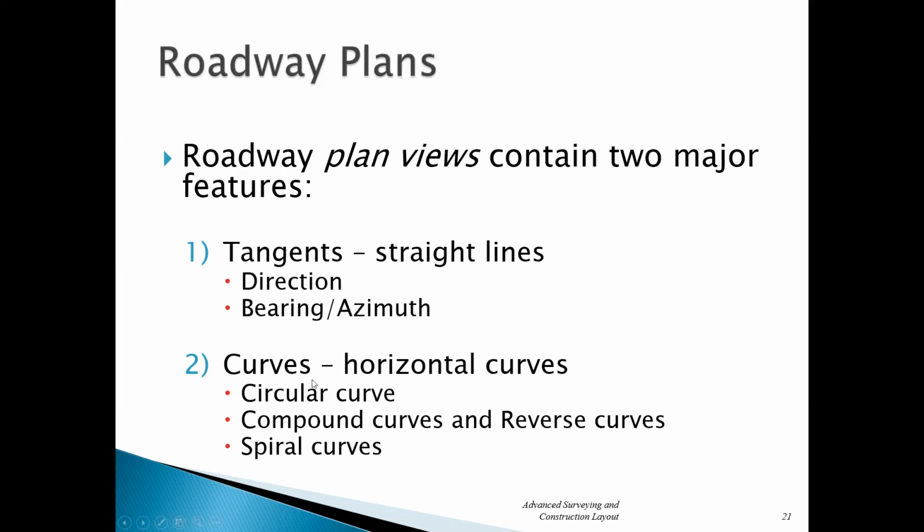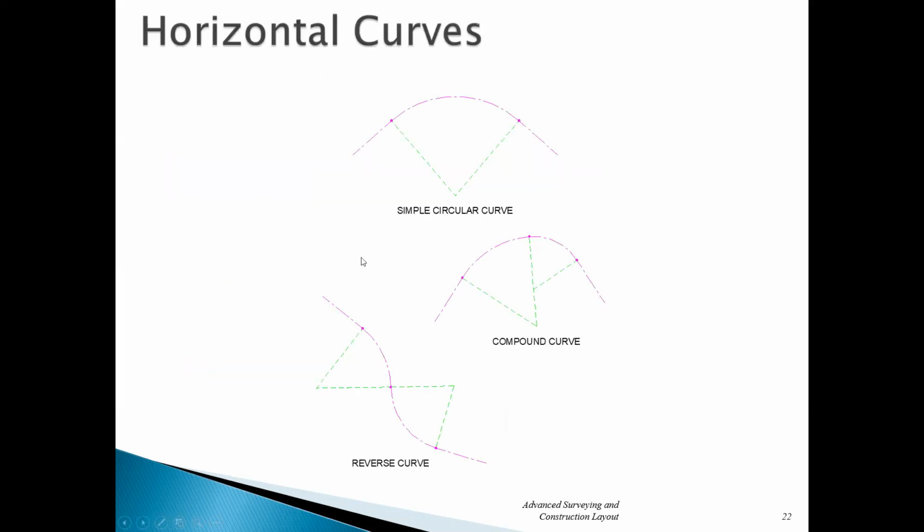This little diagram is showing you the three kinds that I talked about. The simple circular arc, or simple circular curve, is the one we're going to concentrate on. A compound curve is a way engineers emulate a spiral. We're getting a spiral by putting two curves together, okay?